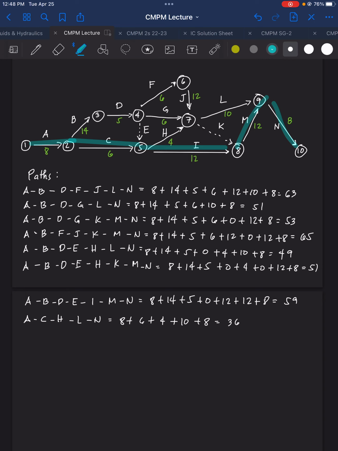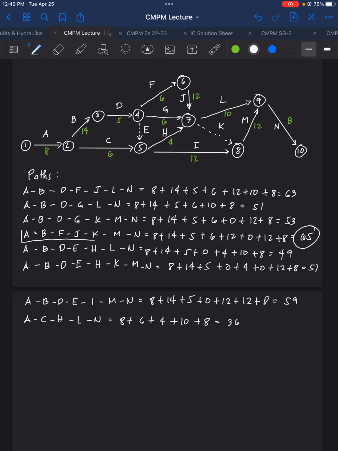So I think we are able to determine now what is the critical path here. So this A, C, H, K, M, N. And then if we add with this one here, so our critical path now is the 65 weeks.